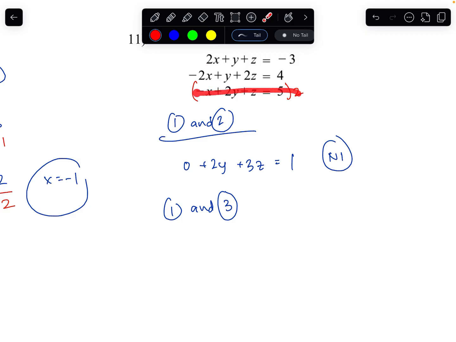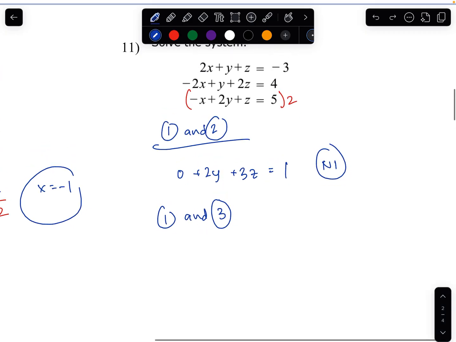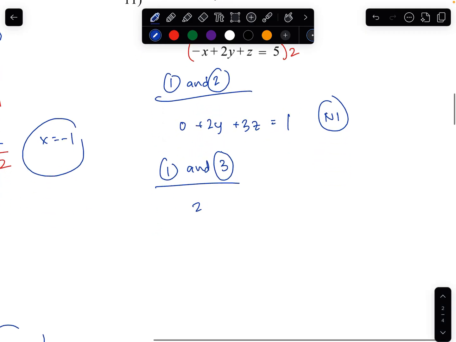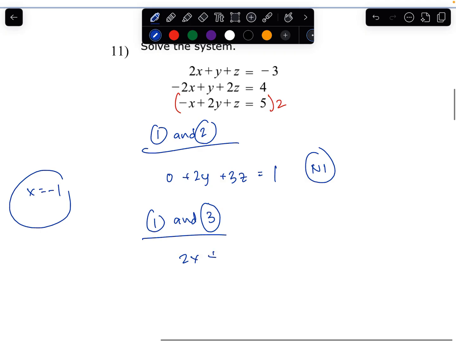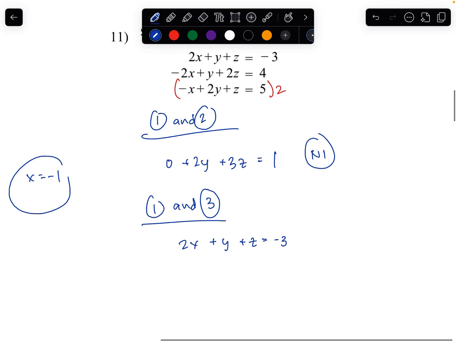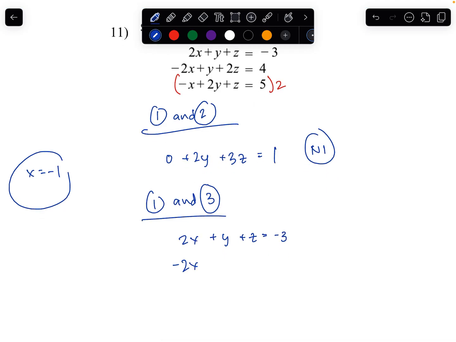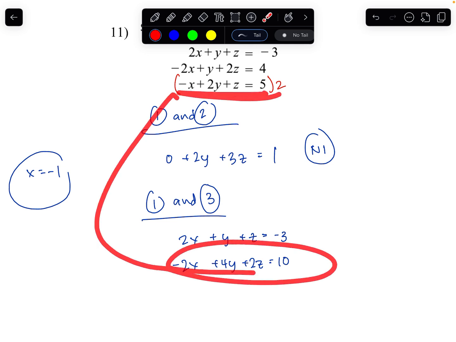So let's multiply this by 2. Well, I'm actually going to write out the first equation first. So the first equation being 2x plus y plus z equal to negative 3. And I'm going to multiply this by 2. So we get negative 2x plus 4y plus 2z equal to 10. So multiplying that by 2 results in this right here.